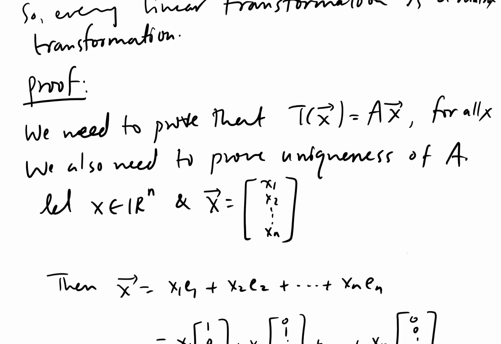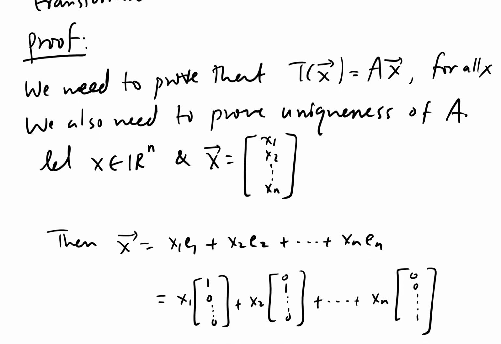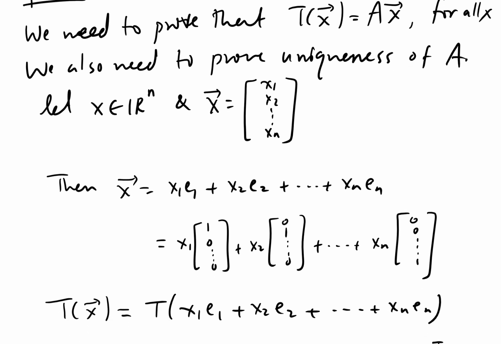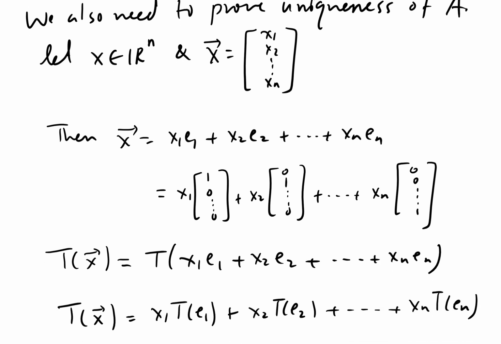Then I rewrote it just to show you what that means. It means E1 is 1 0 0 all the way down to 0, E2 is 0 1 all the way down to 0, En is 0 0 all the way down to 1. Then T of x is T of x1 E1 plus x2 E2 all the way to xn En. You can pull the scalars x1, x2 all the way to xn out, so you get T of x to be x1 T of E1 plus x2 T of E2 all the way down to xn T of En.